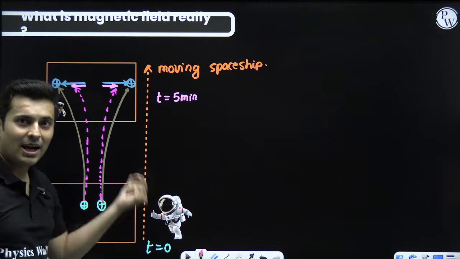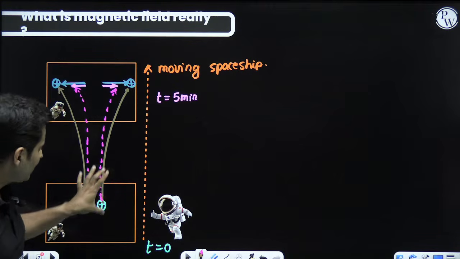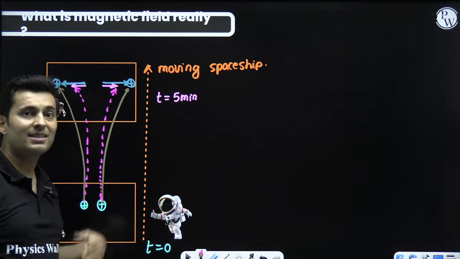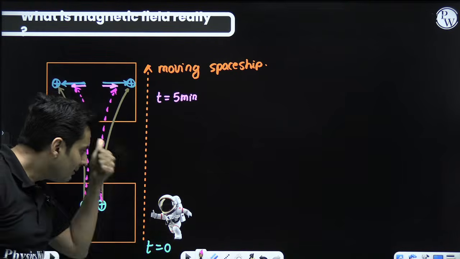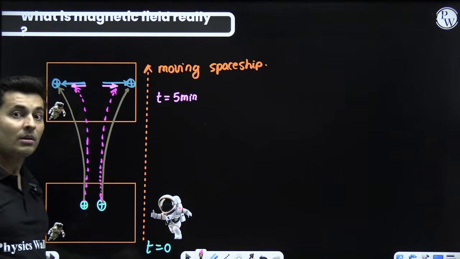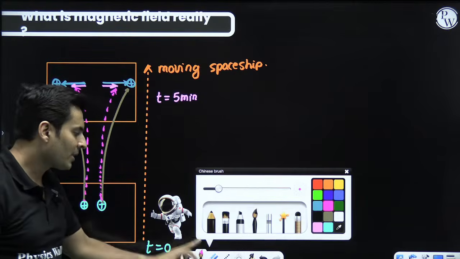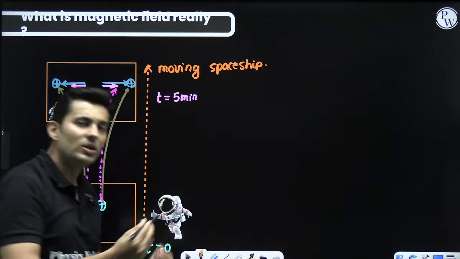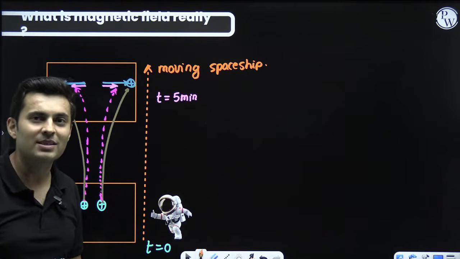What has actually happened is, when this spaceship moves, for this person 5 minutes has passed by. But for that moving spaceship, because it is in motion, 5 minutes has not passed. Actually, slightly lesser time has passed.